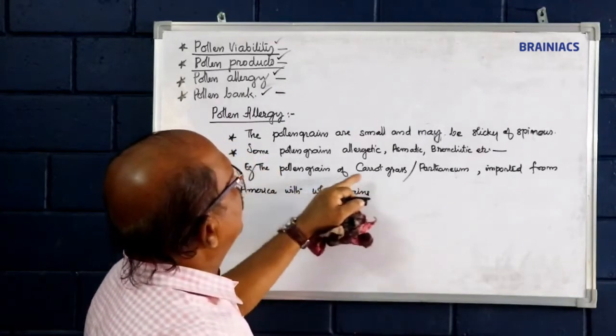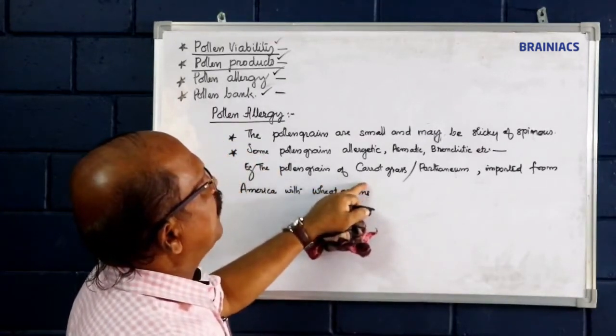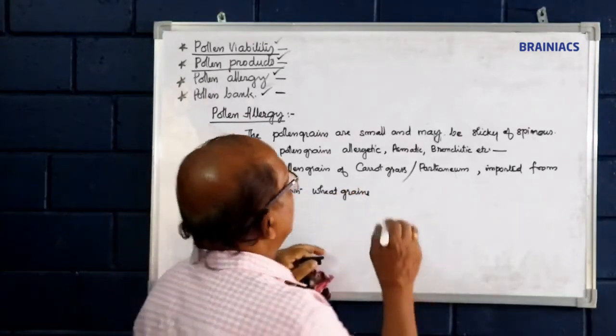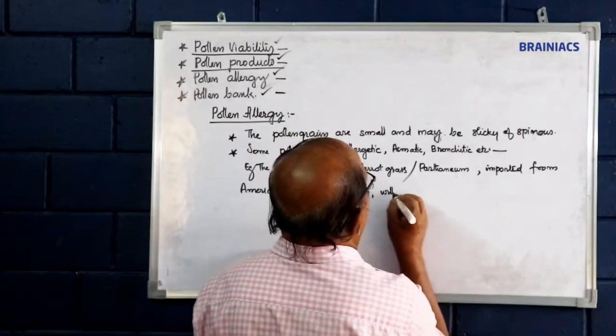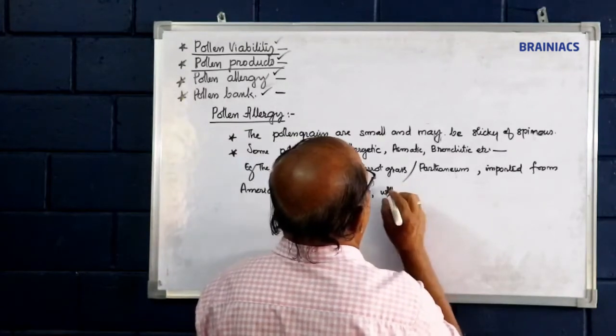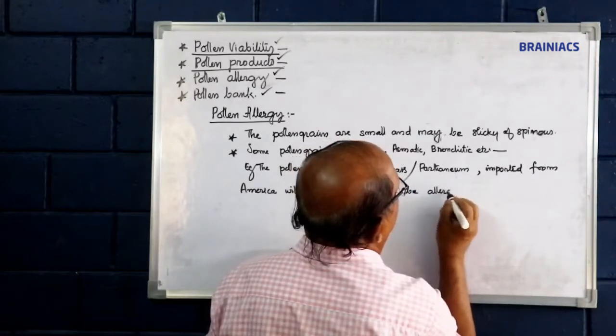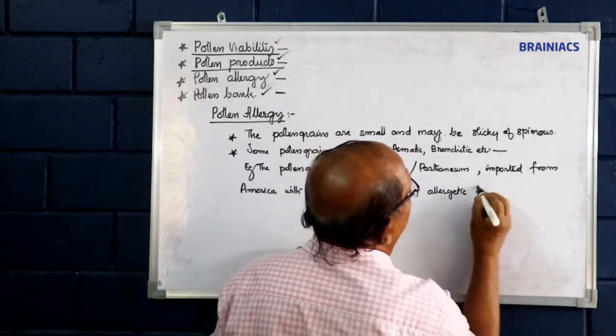The pollen grains of carrot grass or parthenium imported from America with wheat grains will be allergic to man.